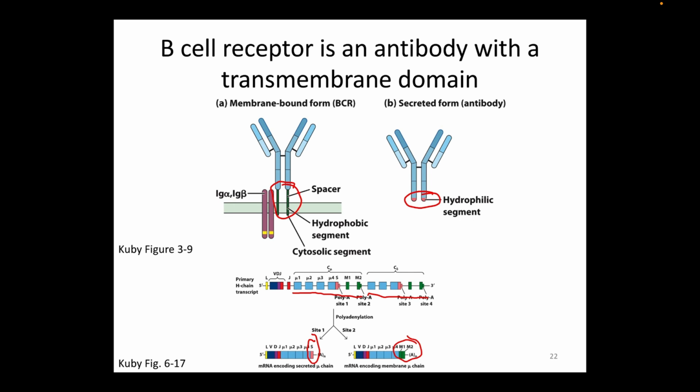And so the reason why we can have both the antibody and the B cell receptor is due to alternative splicing of the RNA product. It doesn't require any changes to the DNA.